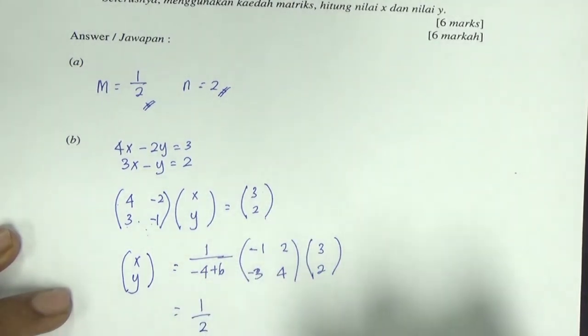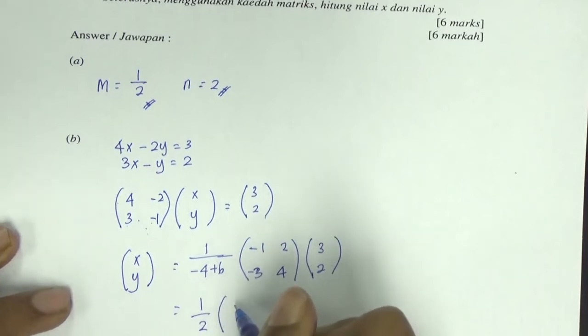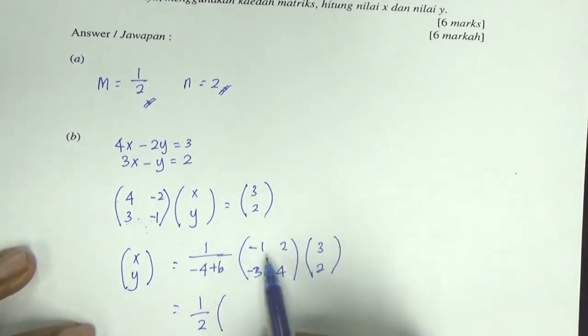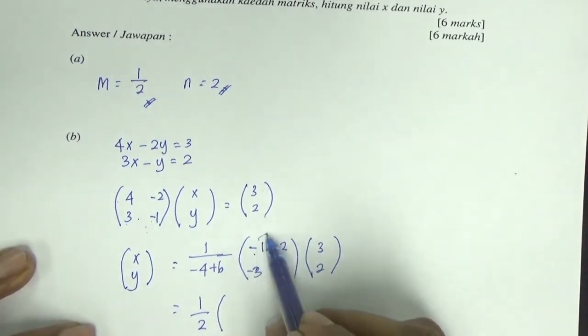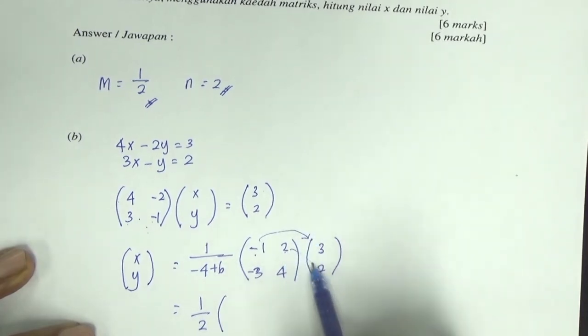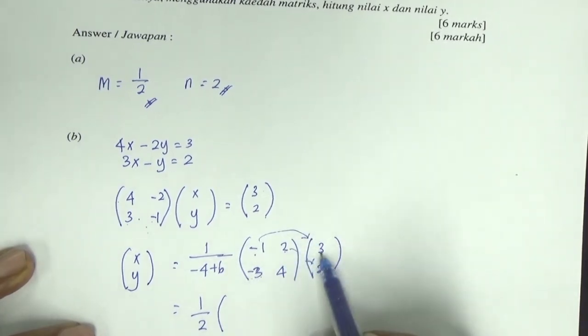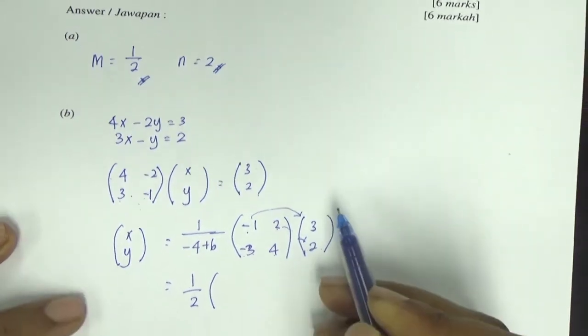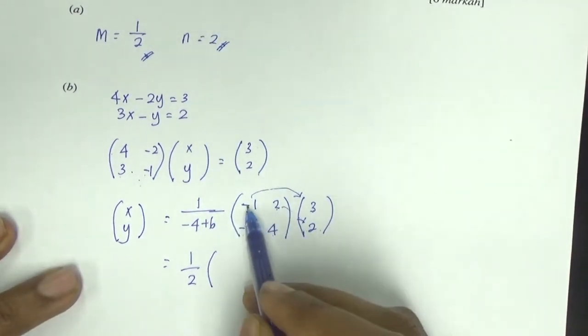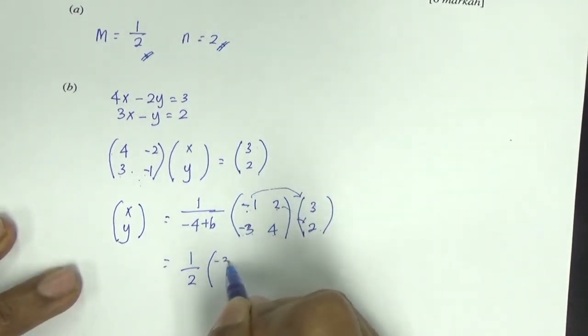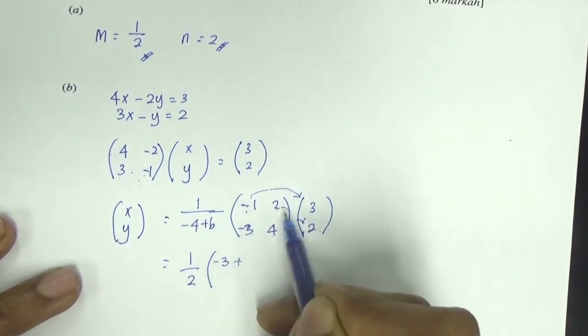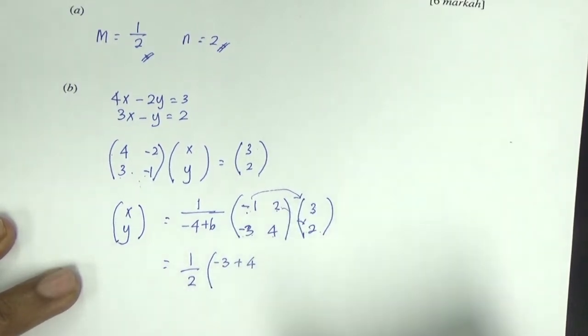1 over 2. This one, negative 1 times 3, 2 times 2. Negative 3 times 3, 4 times 2. So we can write this as negative 1 times 3, we will get negative 3, plus 2 times 2, 4.